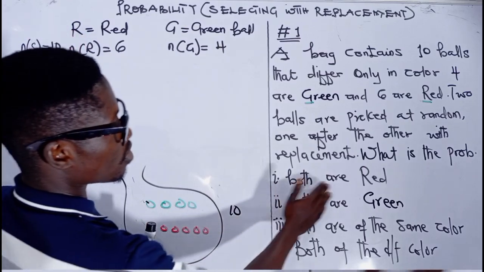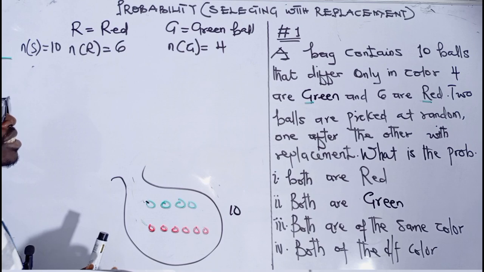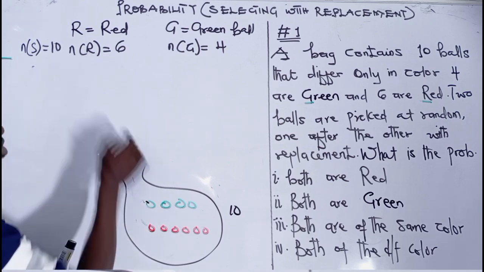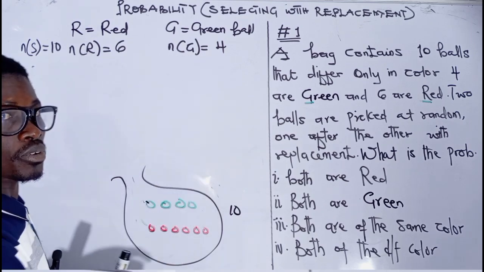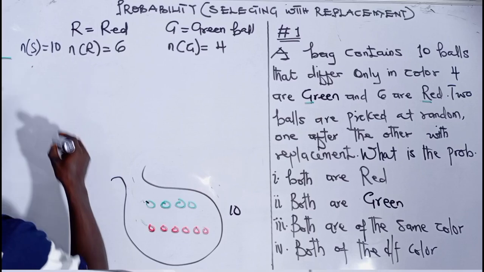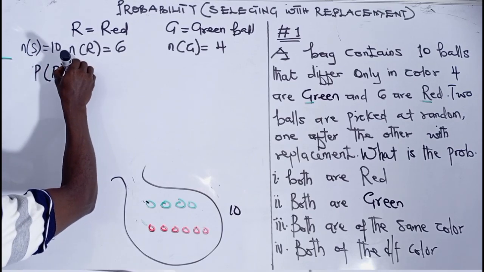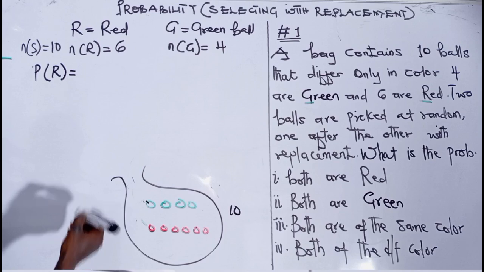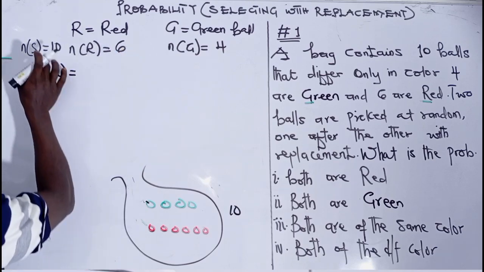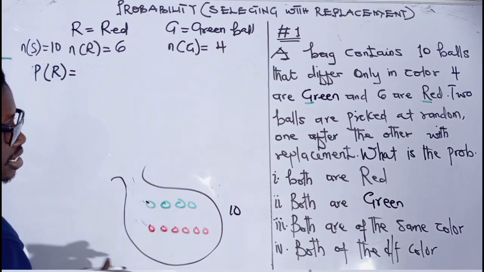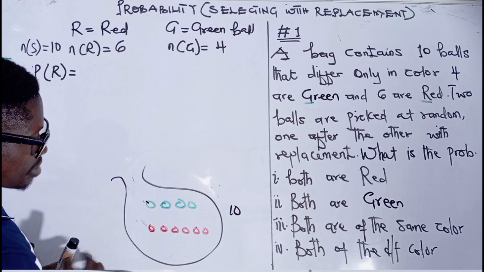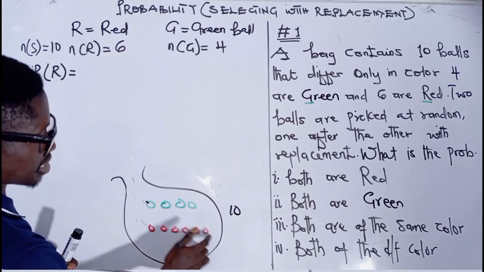Before we look at both of them being red, let's find the probability of picking a red marble from the bag and then a green marble from the bag. So the probability of picking a red marble from the bag is the number of red marbles in the bag all over the total marbles in the bag. How many red marbles do we have in the bag? We have 1, 2, 3, 4, 5, 6.